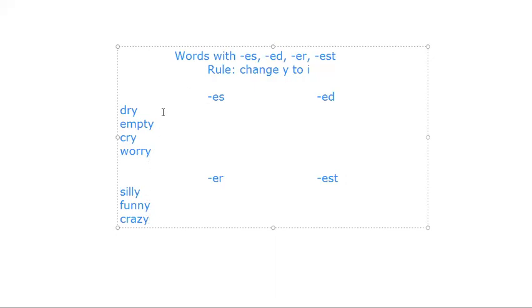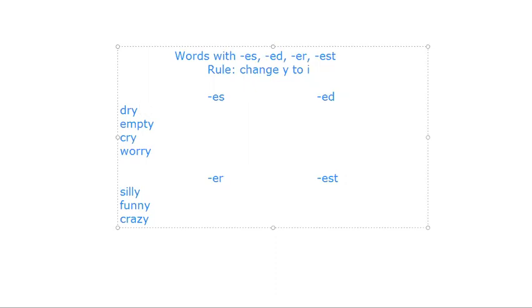And if you remember, we talked about the sounds of y earlier in first grade, and we said y sometimes can make the sound of long i, and sometimes it can make the sound of long e. In our first word, dry, the y makes the long i sound.